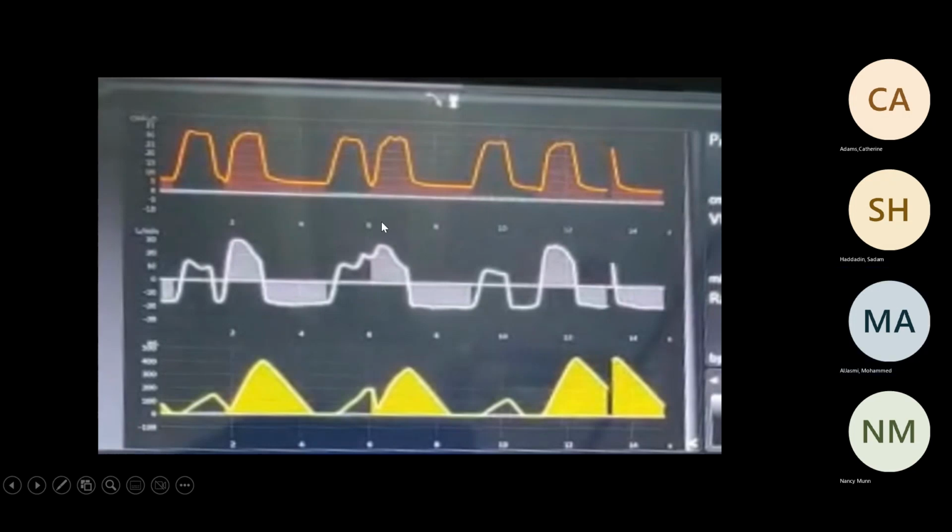Is that right? So the question is, is this continuous mandatory or is it IMV? What does that mean? It's different in shape. So he said IMV. The first one you said by machine, second one by machine, but it's different in shape. The whole shape is different.